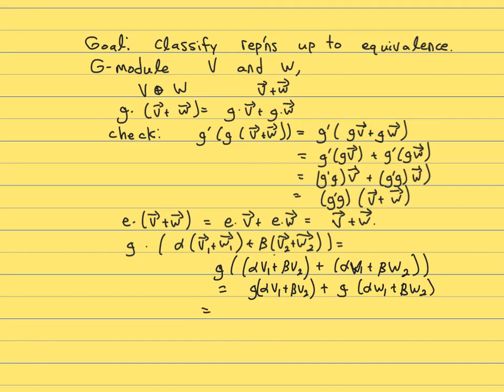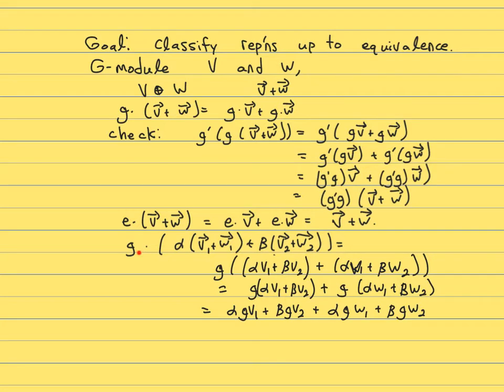G is linear on V. That's alpha G v1 plus beta G v2. G is linear on W. So it's alpha G w1 plus beta G w2. So I took an arbitrary linear combination of two vectors in this direct sum.